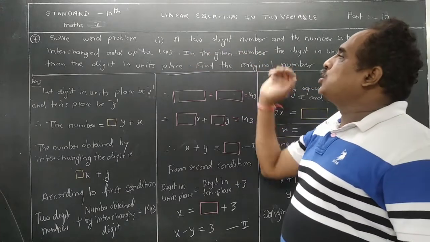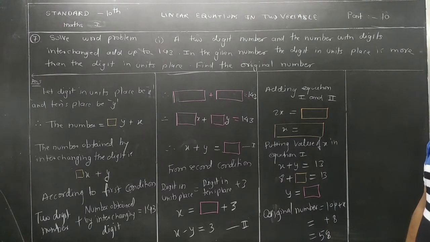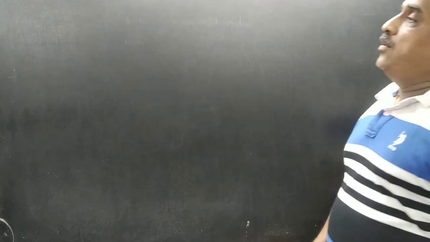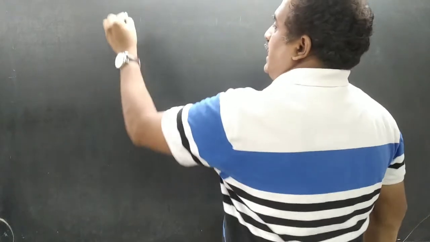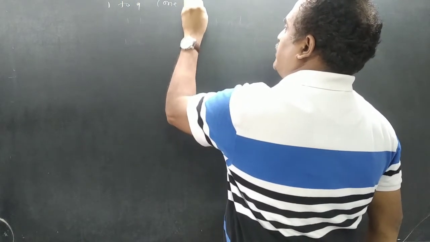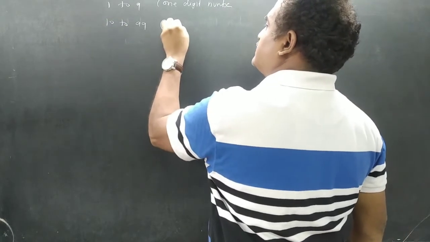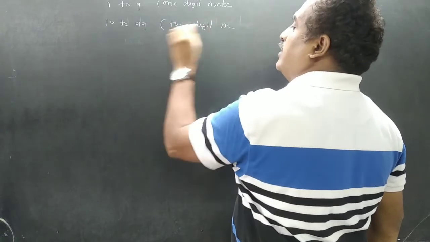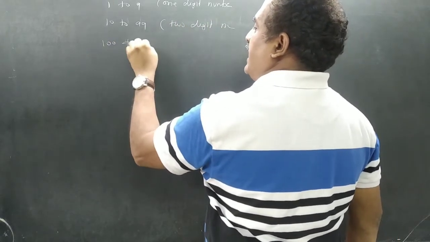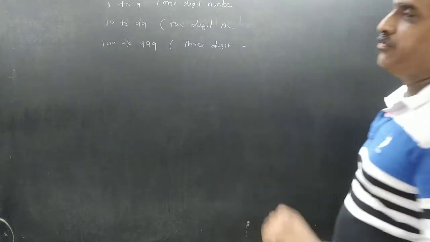Now this is a question based on what? 2 digit numbers. First we'll try to understand the concept of 2 digit numbers. Before that, I'll explain the meaning: 1 to 9 is called a 1 digit number, and 10 to 99 is called a 2 digit number, and 100 to 999 is called a 3 digit number.